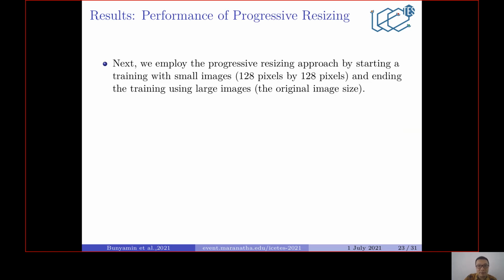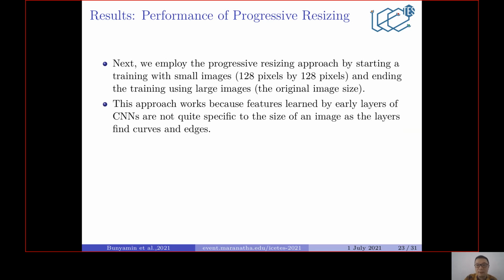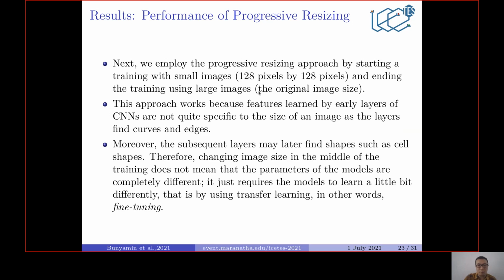And this is our progressive resizing. Basically, we start training with small images, and then end with the large images. After training with the small images, we fine-tune the models with these large images.